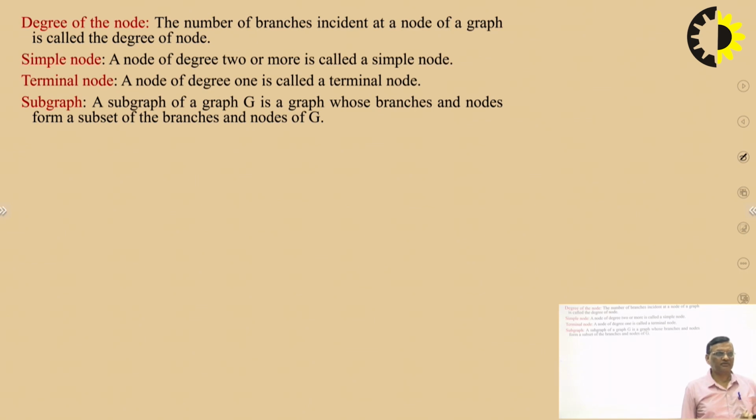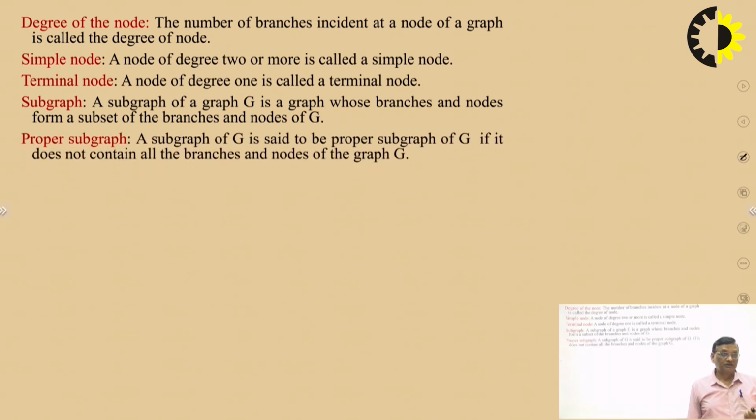Now, what is a subgraph? A subgraph of a graph G is a graph whose branches and nodes form a subset of the branches and nodes of the graph G. The original graph is G, and you are required to draw the subgraph. The branches and nodes of that subgraph will be branches and nodes of the original graph G, so it is a subset of the original graph G. What is a proper subgraph?